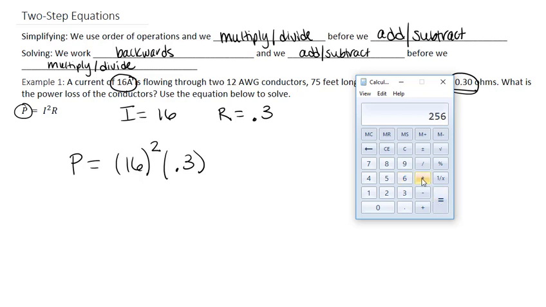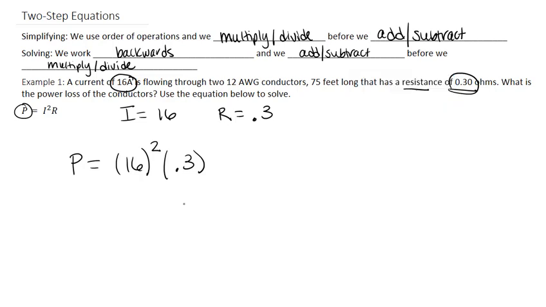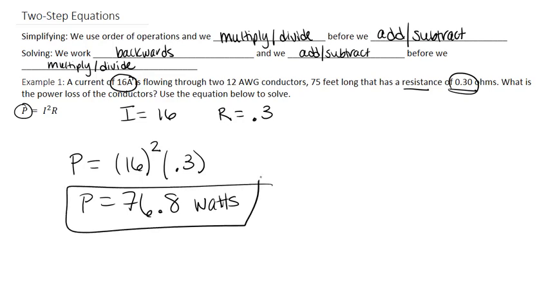Then our resistance is 0.3, so we'll just multiply it by 0.3, which gives us 76.8. So P is equal to 76.8, and power is measured in watts.